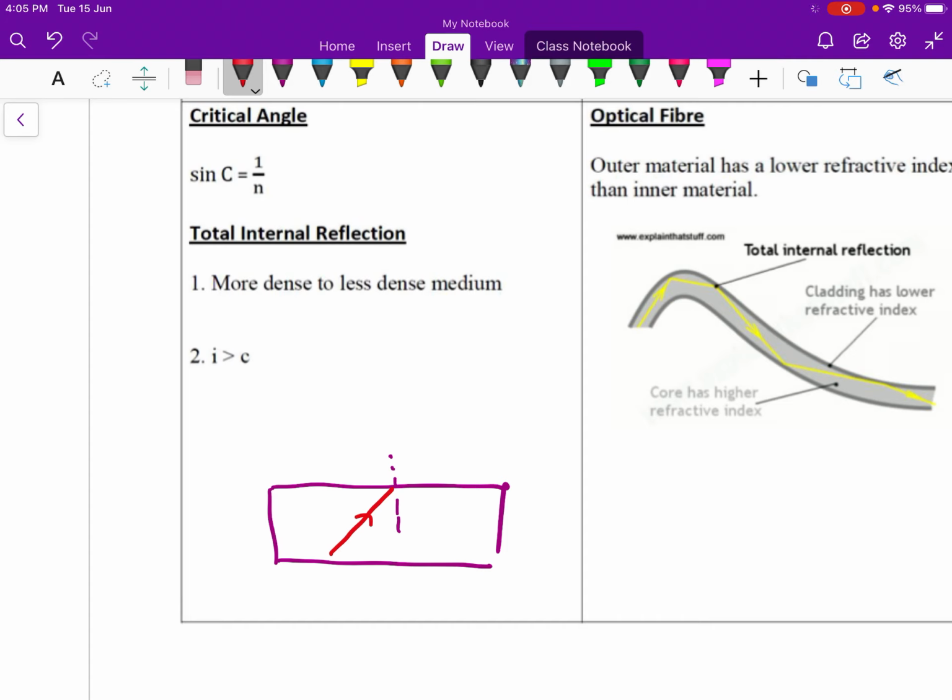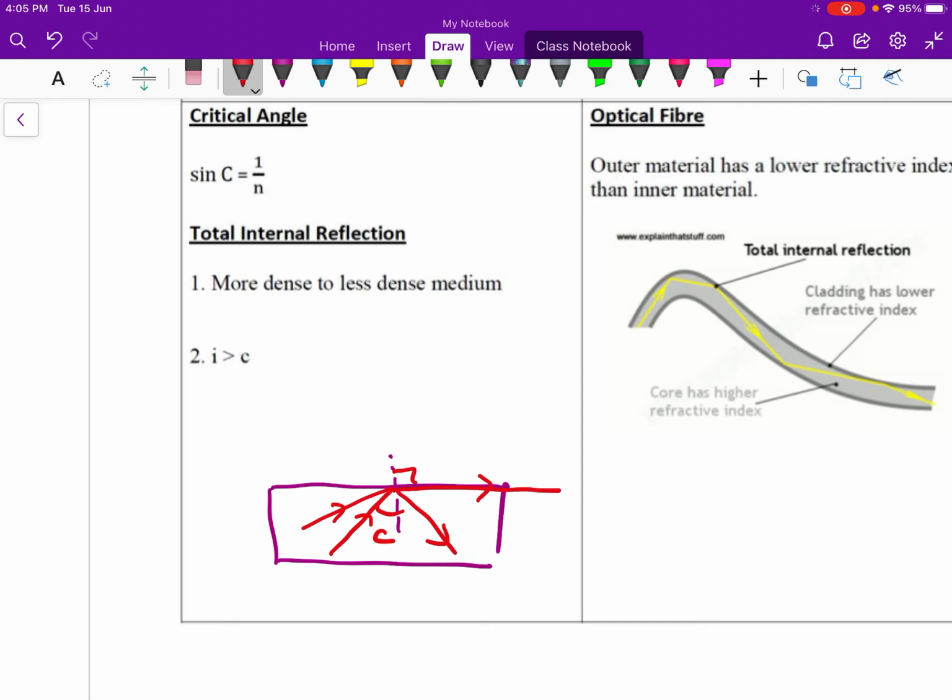When my light ray has an angle of refraction of 90 degrees, this is the critical angle that we are talking about. And if I increase the incident angle, the ray will get reflected. This is what we call total internal reflection.